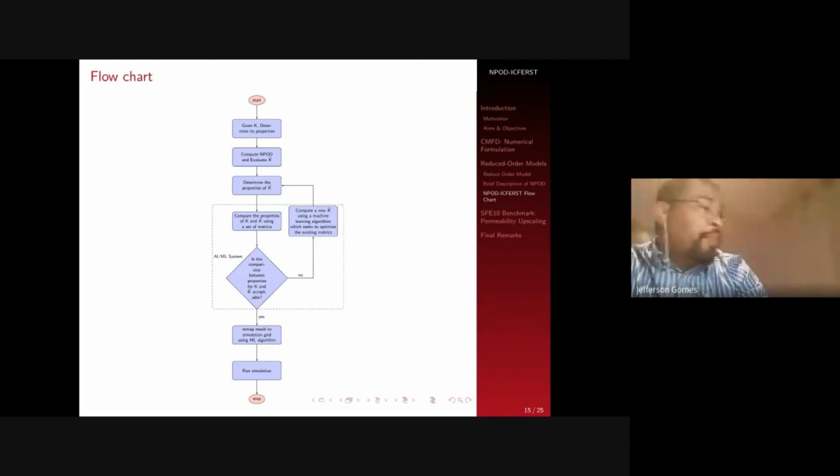Let me just say something here. Temi and another student, who handed in his thesis last Friday, were both working on similar problems with different approaches. Temi is doing the POD, the reduced order model. The next stage of her work would be to replace part of the mesh-to-mesh interpolation that she's doing by a machine learning algorithm. We are still investigating what is the best approach in this case.